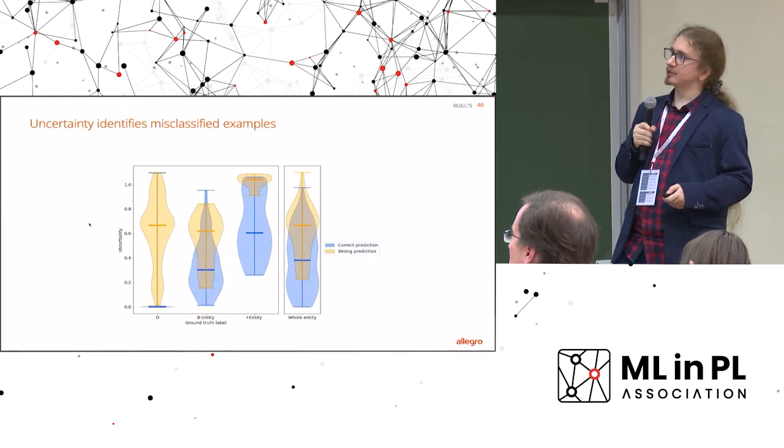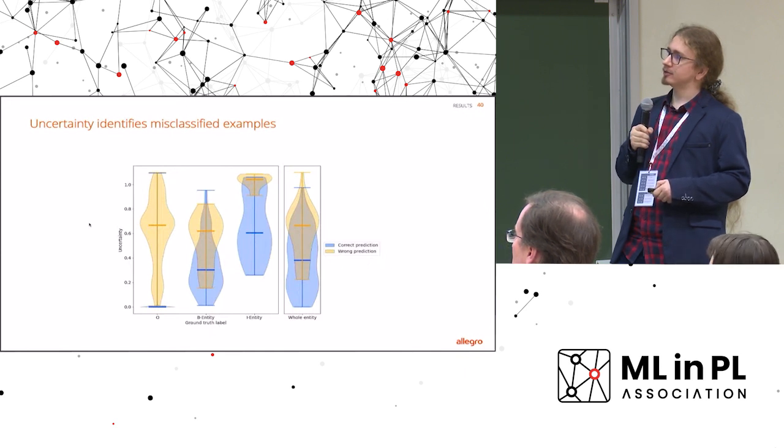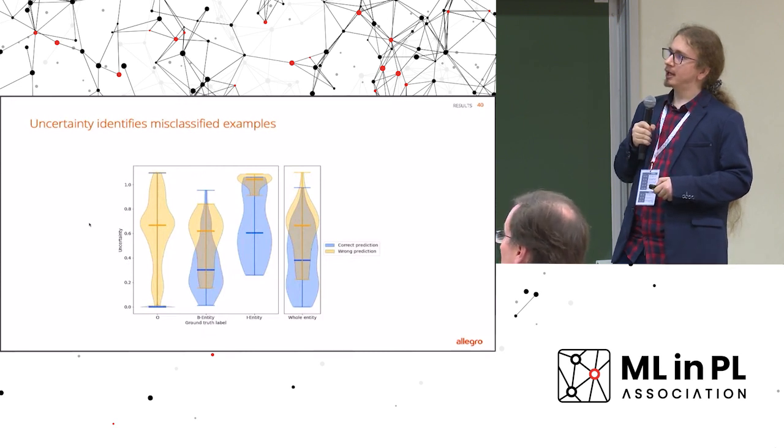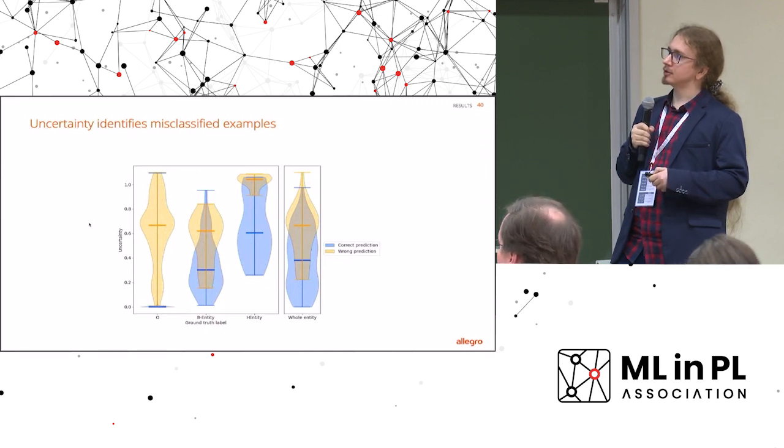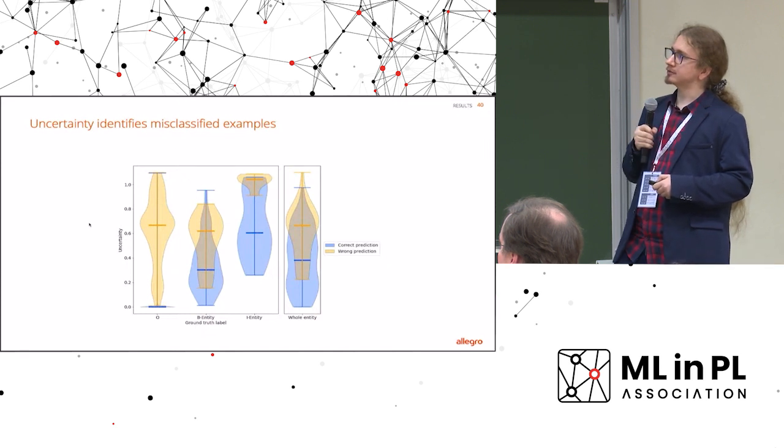So this means that the longer our entity, the more uncertain each subsequent token is. So for the beginning, we have this level of uncertainty, and then for this I-entity label, we have a much higher level of uncertainty. And again, on the whole entity level, this is still true. So the median uncertainty for wrong predictions is much higher than for correct predictions.